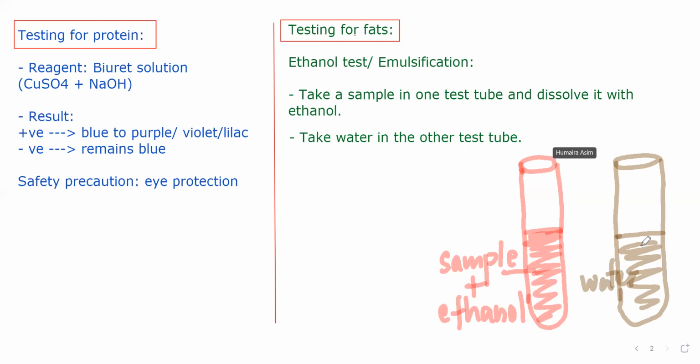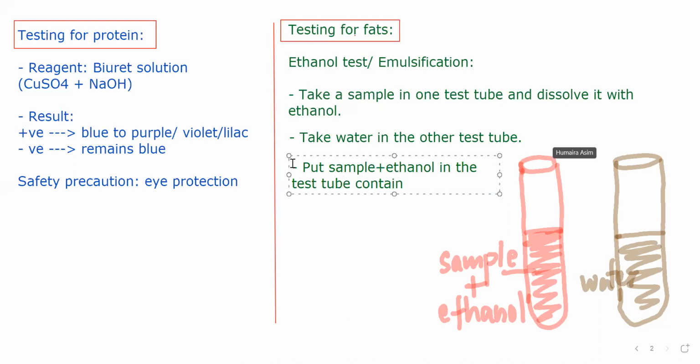Now, what I am going to do next is put the sample plus ethanol in the test tube containing water. What do I mean? Let me show you. Here is your sample, and you are going to put it in this.